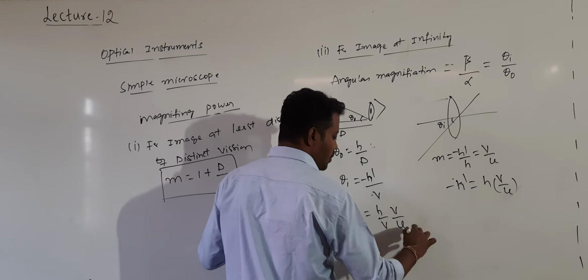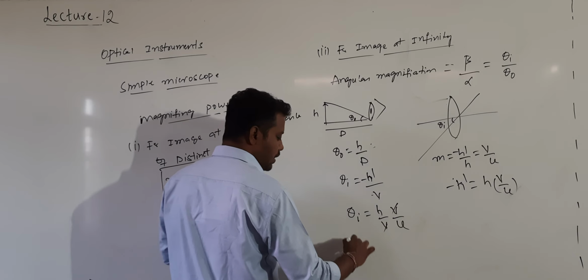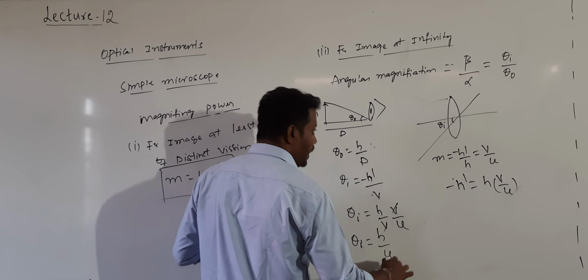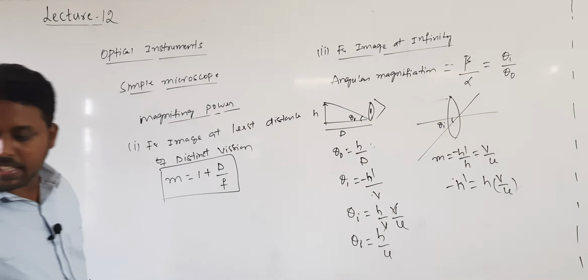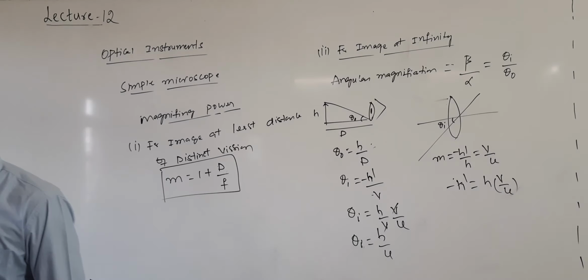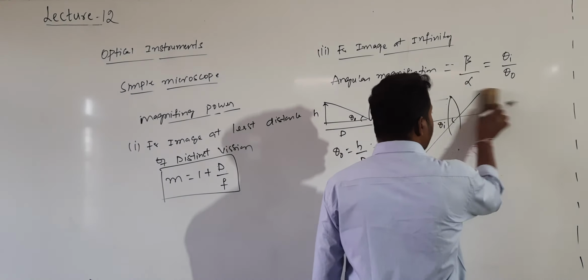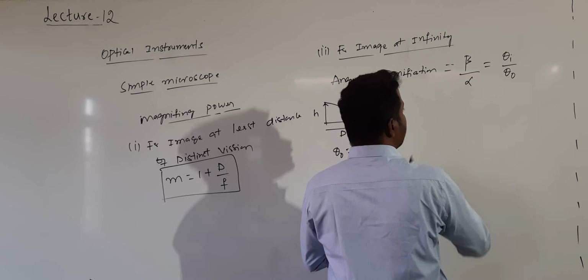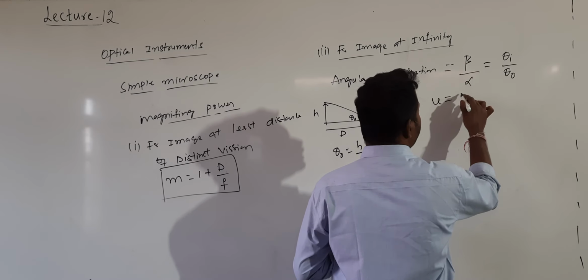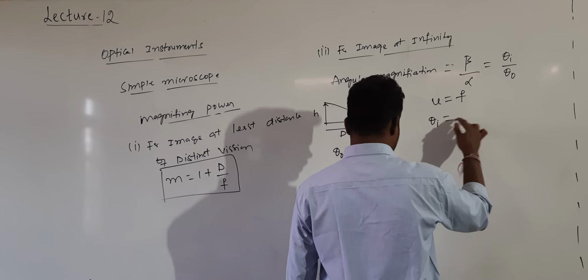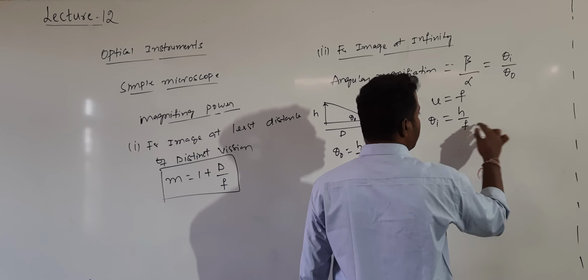The v value cancels, then theta I is equal to h divided by u. But to get the image at infinity, the object is kept at the principal focus, so u is equal to f. Then theta I is equal to h divided by f.